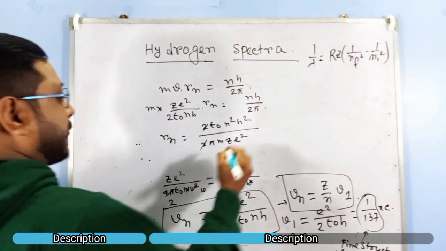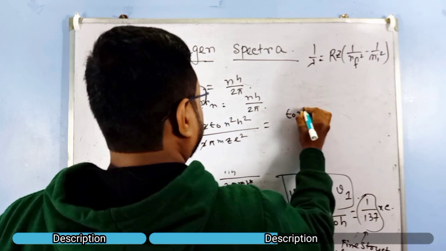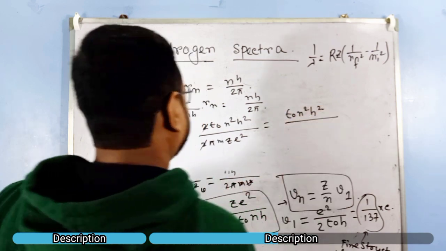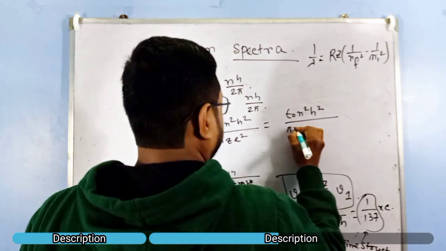Now this 2 cancels, that is Rn equal to epsilon naught n square h square divided by pi m Z e square.